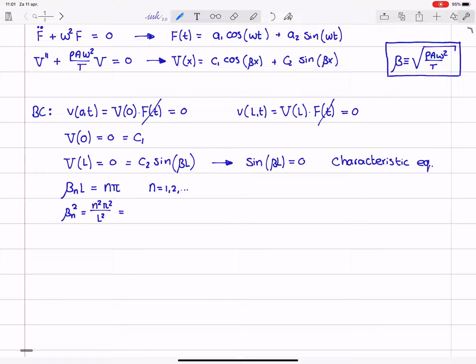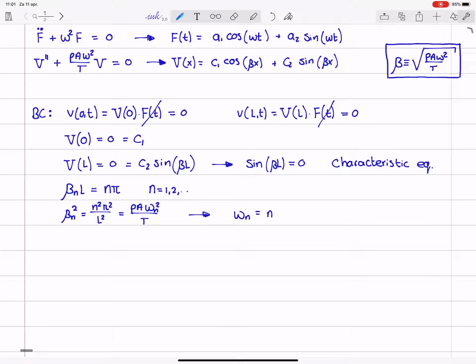And this is equal to rho a omega n squared divided by T. From this I can solve for omega n. So omega n equals n times pi times the square root of T divided by rho a L squared, for n is 1, 2, and so on. So these are the natural frequencies of the vibrating string.